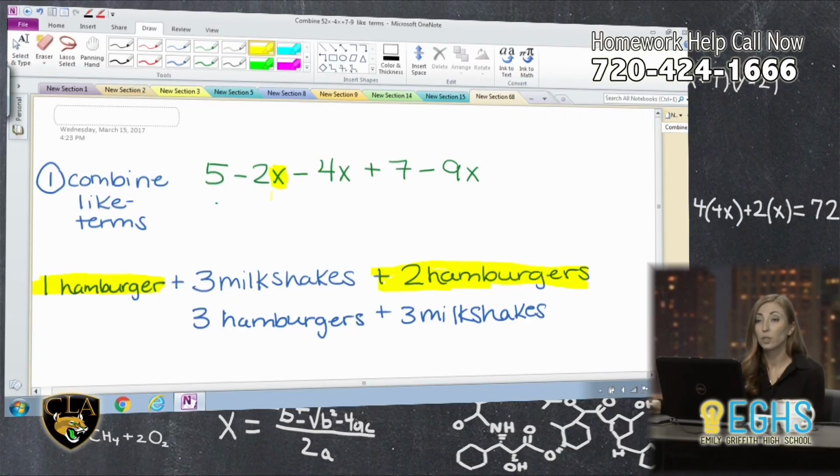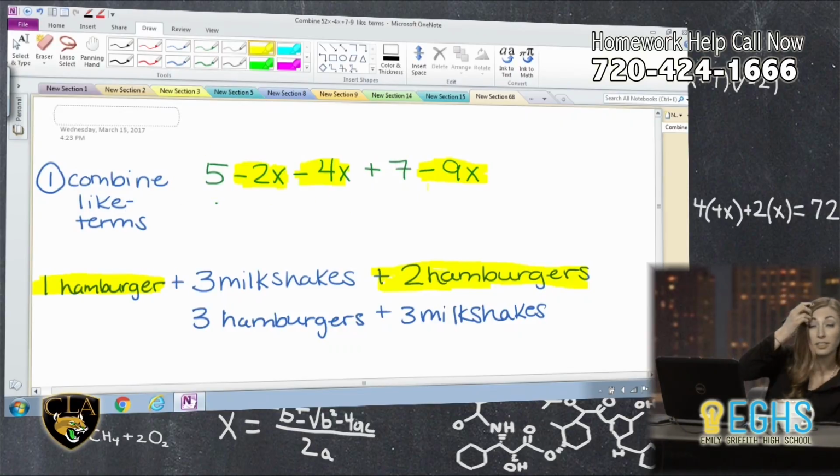So this is saying I have 2 x's, or in other words, actually negative 2 x's. And then I also have negative 4 x's. I would not put these together with 5 because 5 is just 5 units. Just like milkshakes and hamburgers are different, x's and units are different as well. Constants are different. So all 3 of these are my like terms. I've got negative 2x, negative 4x, and negative 9x.